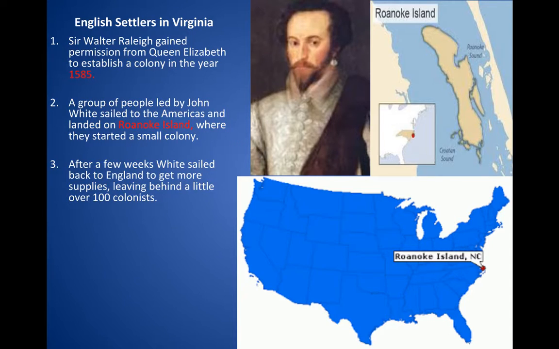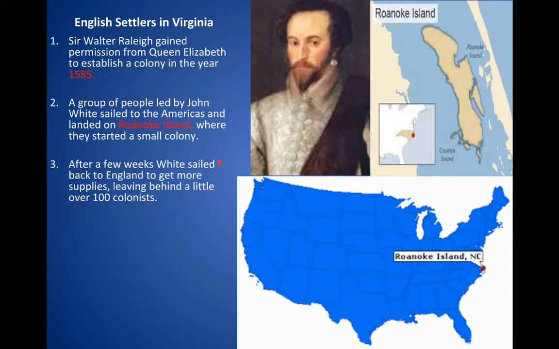So after a few weeks, White sailed back to England to get more supplies, leaving behind a little over 100 colonists. I believe it was 118 colonists were left behind at Roanoke Island. Like I said, it's not an easy undertaking to start a colony.